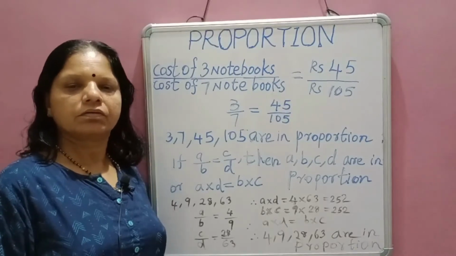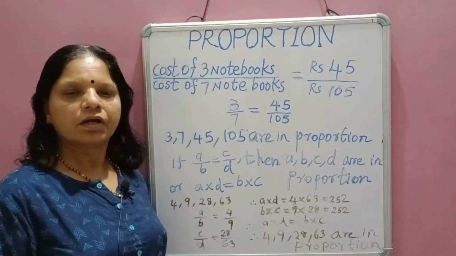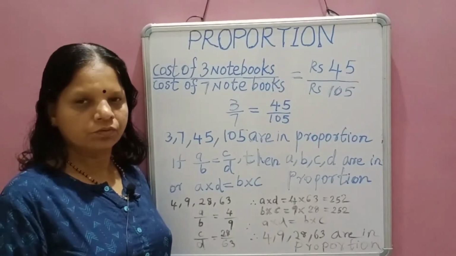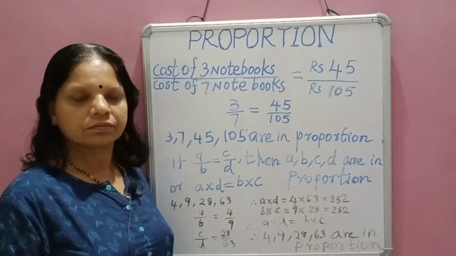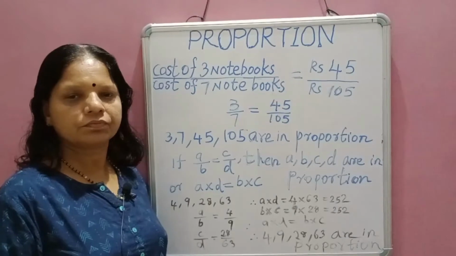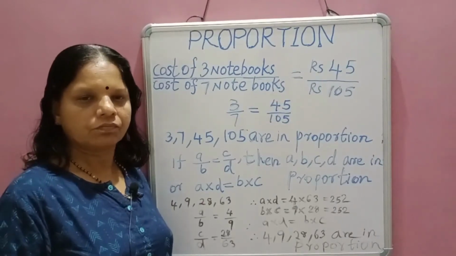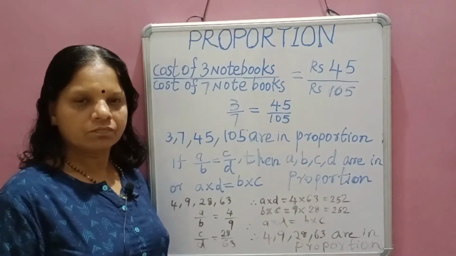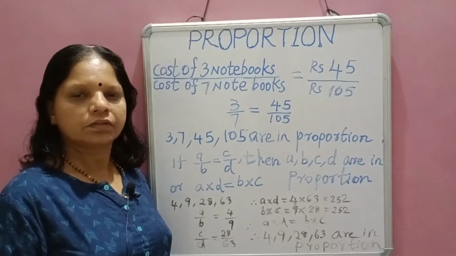For that, 3 cups of water and 1 cup of milk she uses. So that knowledge she has, that is the ratio of milk and water. 1 is to 3. Milk 1 cup and water 3 cups.